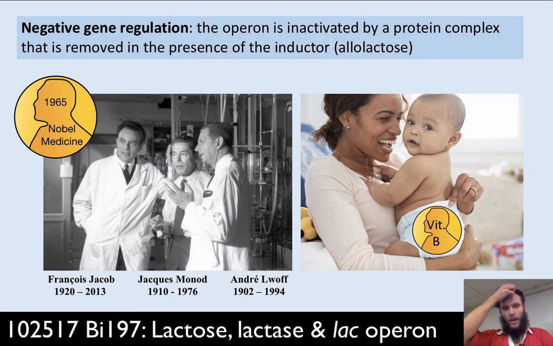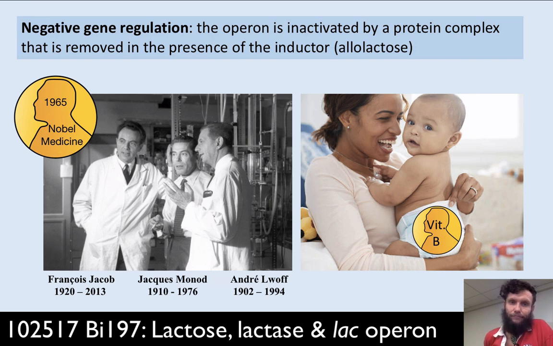Let's keep going. What's interesting about the lac operon is that it was the first example of genetic control that was ever identified. Previous to the elucidation of the lac operon in E. coli bacteria, researchers didn't really understand how genes were regulated.